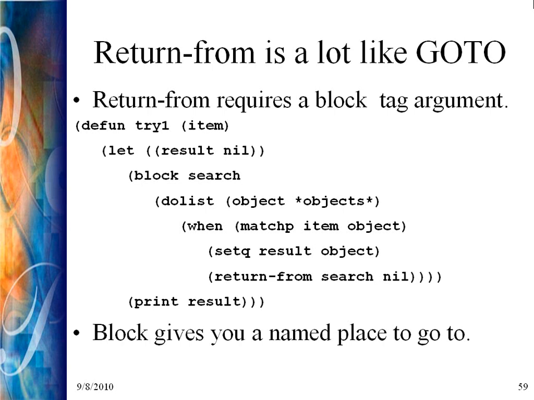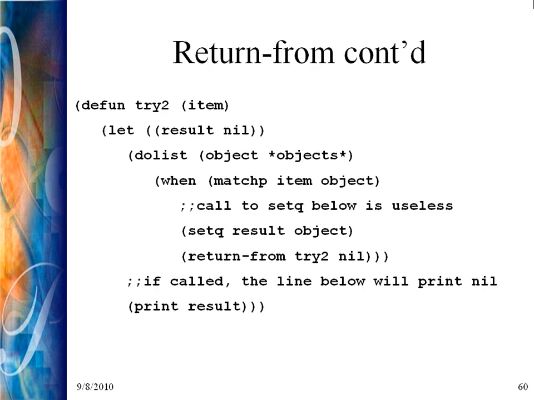But let's go on with this. So here is a second version of this. Again, you have an item, you have result nil, you go through a list of objects, and here you return from try2. Now what's try2?